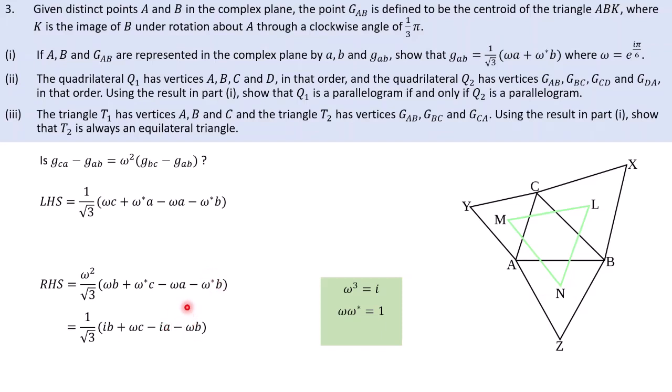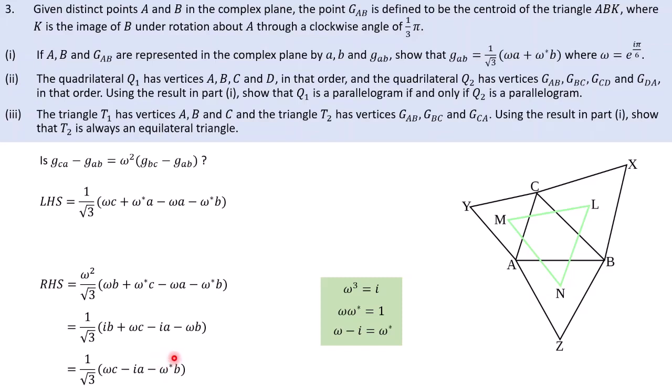Now we can simplify this further by combining the two terms involving B. So omega minus i is actually omega star, because this is root 3 over 2 plus half i, minus i we get root 3 over 2 minus half i, so that's omega star. So that's the observation we need. Combining this will give us omega minus omega star here.